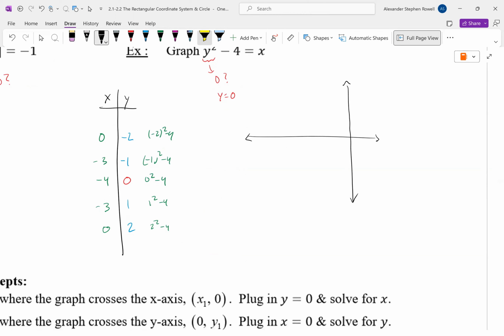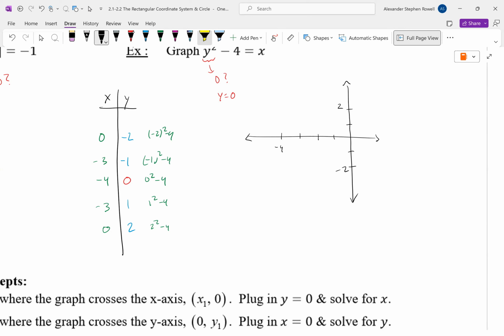I'll label my x values from -4 to 0: -1, -2, -3, -4. My y values, -2 to 2. You really want to take your time and make sure these are equally spaced. I'm not great at that. Otherwise, your graph looks a little wonky.